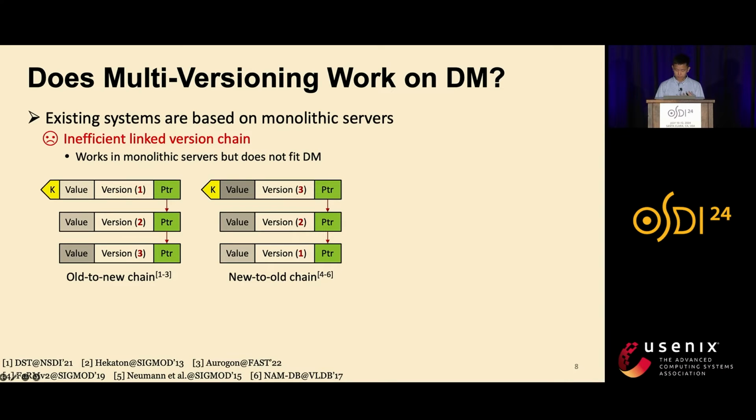First, they leverage a linked version chain to link different versions in order. The version information and data value are stored together. The chain structure works well in monolithic servers, because each server has a CPU to do the pointer chasing to search local data, and it can also easily add or delete versions. However, this structure becomes inefficient on DM, because each local pointer chase is translated to a remote read.